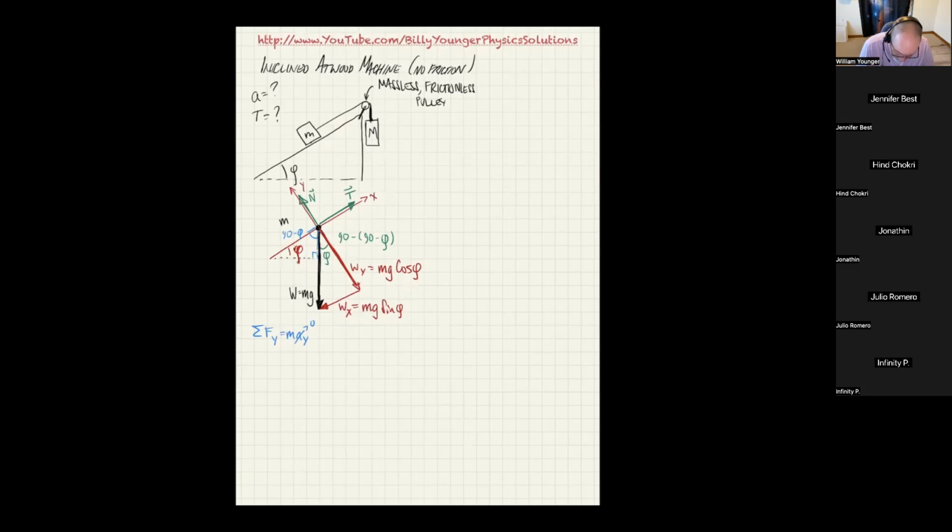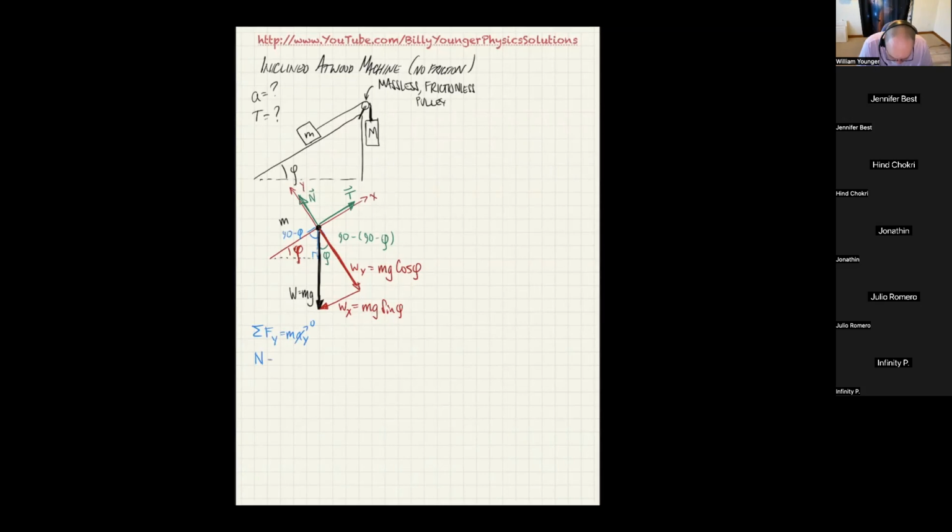So in this case, all we get is N, which points in the positive direction. So I'm going to call that positive N. And then mg cosine phi, which points in the negative direction. Now, remember Newton's second law says the sum of all the forces, not the subtraction. But because we are working with the components and the components can have plus or minus signs to indicate their direction, I'm not going to take the time to write plus and then a negative number.